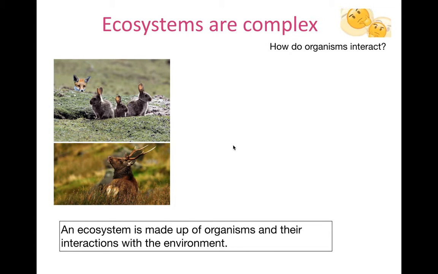So another interaction would be, for example, disease. All organisms have to contend with disease, and this is often carried by parasites. For example, mosquitoes would be a big carrier of disease around the world. Flies and different things would be big carriers of disease and transfer it from one organism to another.